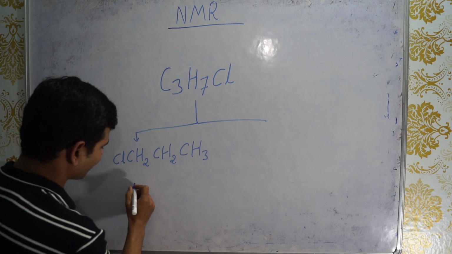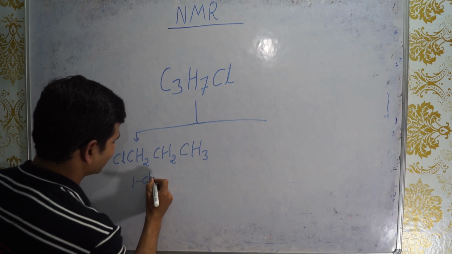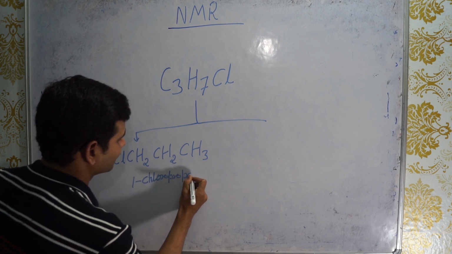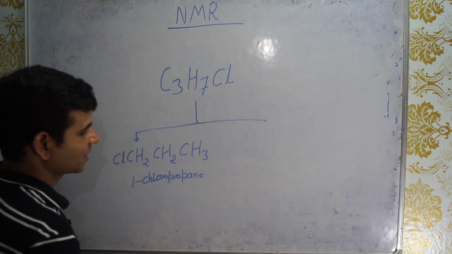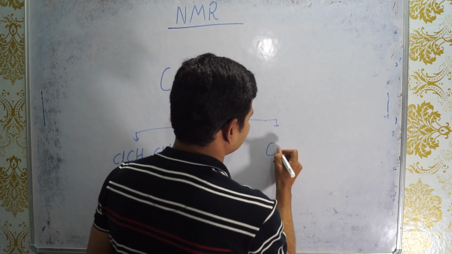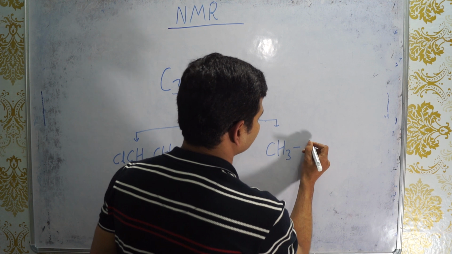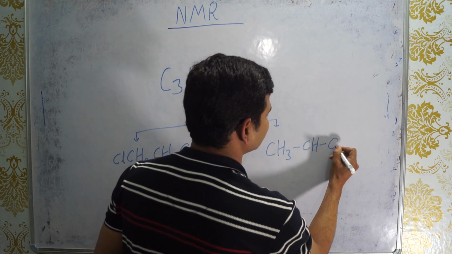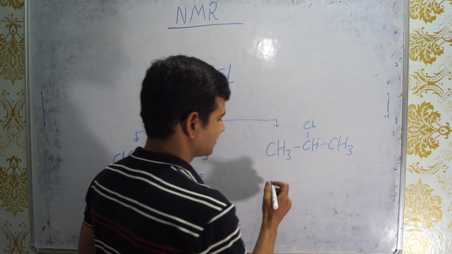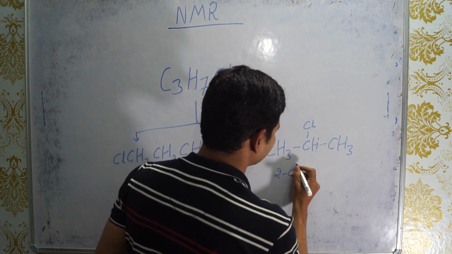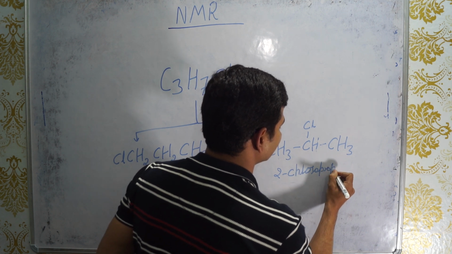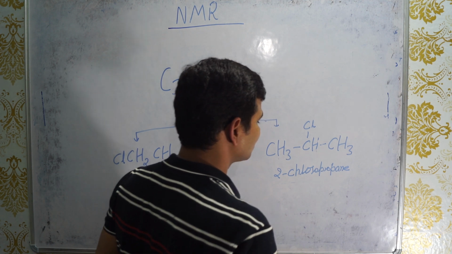And the second structure may be two chloropropane, like this: CH3, CH, CH3 and Cl. This is two chloropropane.